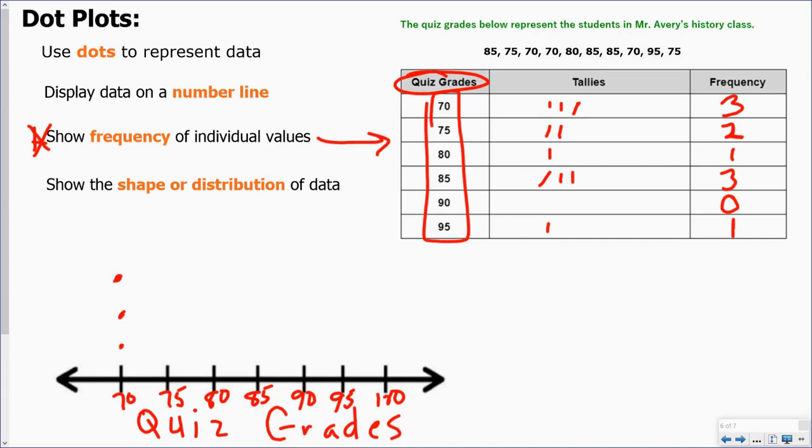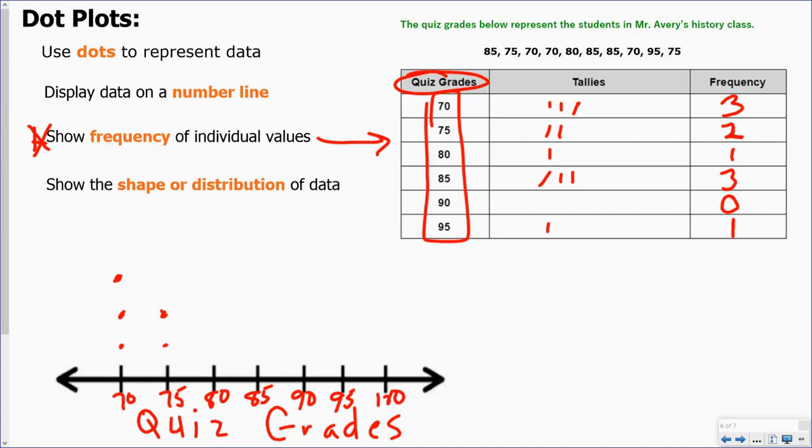Then when I go to 75, I want my dots to also line up horizontally. So at 75, I'm going to put one here and then here. So when I start to compare and look at the distribution of the data, everything's lined up both horizontally and vertically, so it's easier to tell what data is there on the graph.